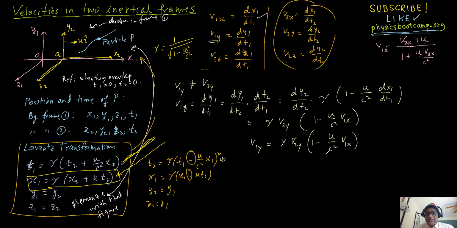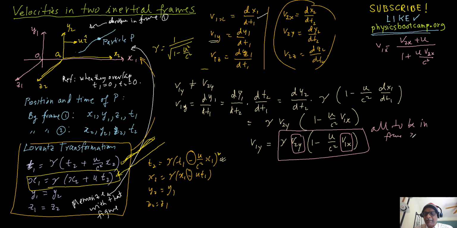So over here, this is in frame 2, but this one is in frame 1. I want this side all to be in frame 2. So we can see that this is probably much easier to solve for v2y than v1y.